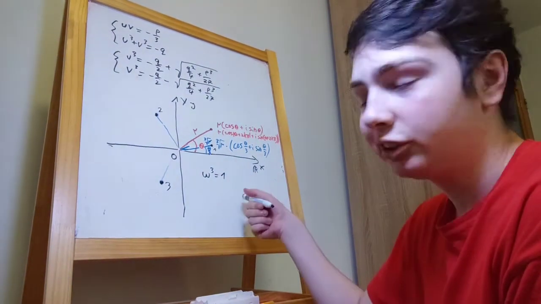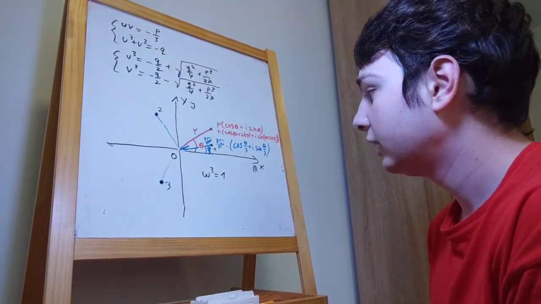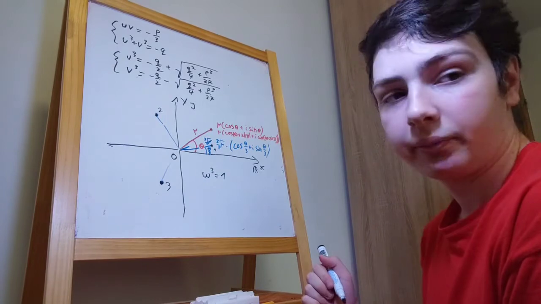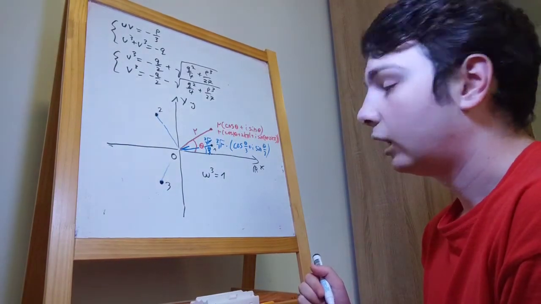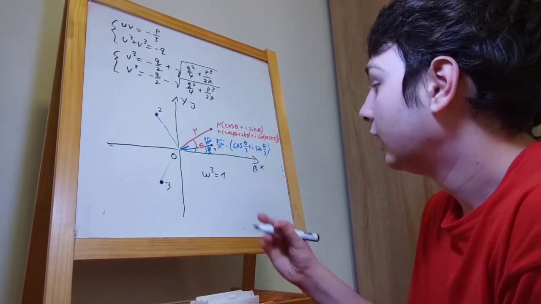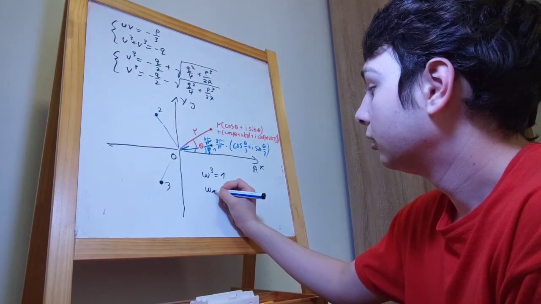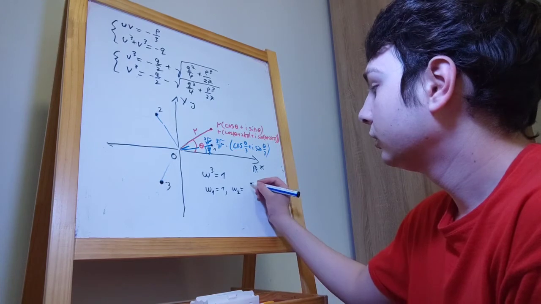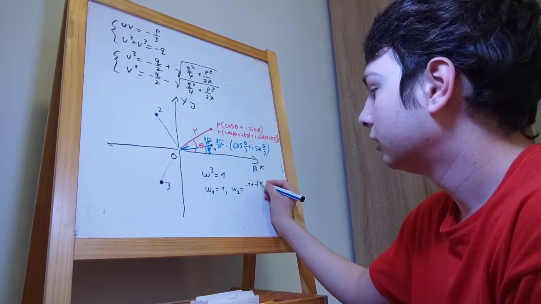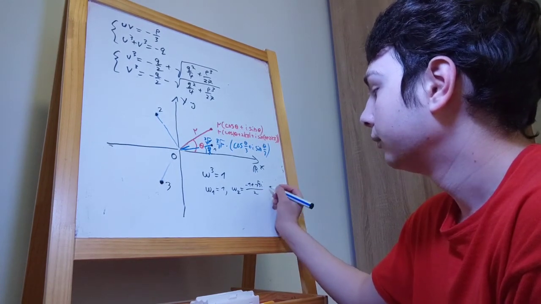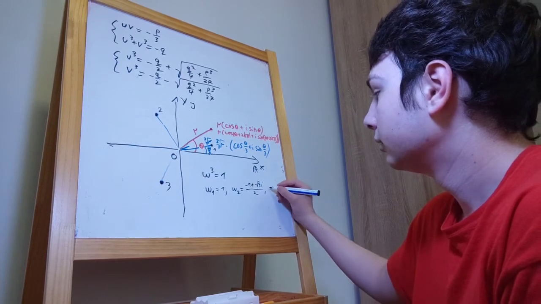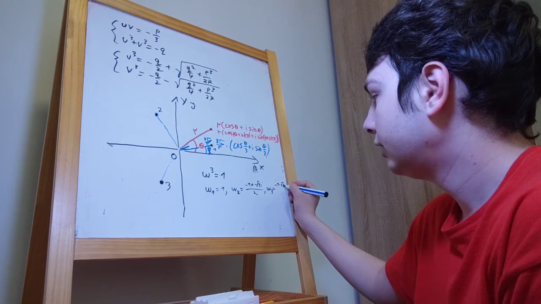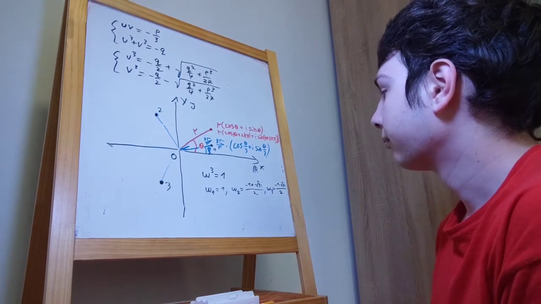And the solutions of this equation are actually called the cube roots of unity. So our 3 solutions to this are W1 is equal to 1, W2 is equal to minus 1 plus square root of 3i over 2, and our third root is minus 1 minus square root of 3i over 2.